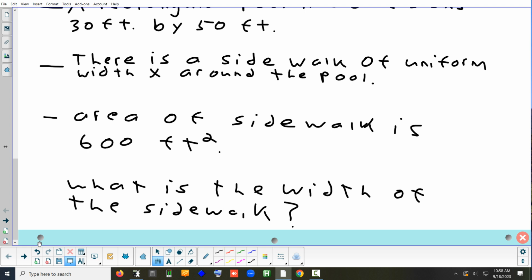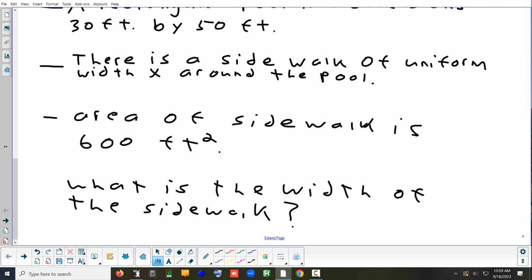Okay, so they give a lot of information here. What do you think would make this easier to visualize? Yeah, a diagram, right? We should really try to draw it out, kind of see what we're looking at, and then I think it'll help it make more sense.